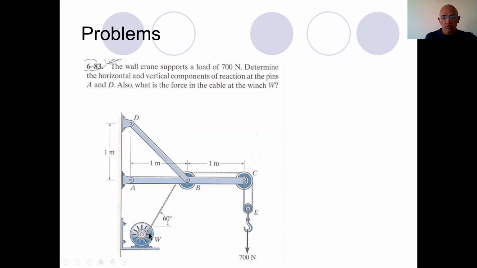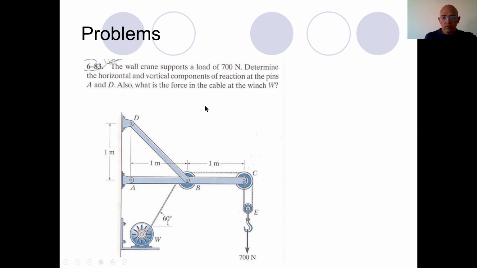The cable from the winch to the pulley B makes an angle of 60 degrees. This is given. Distance from point A to B is 1 meter, and distance from B to C is given as 1 meter as well. And also distance from A to D is given as 1 meter.